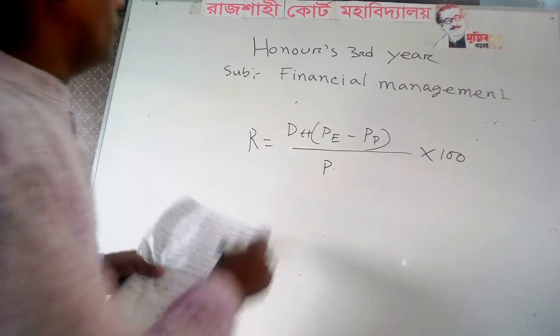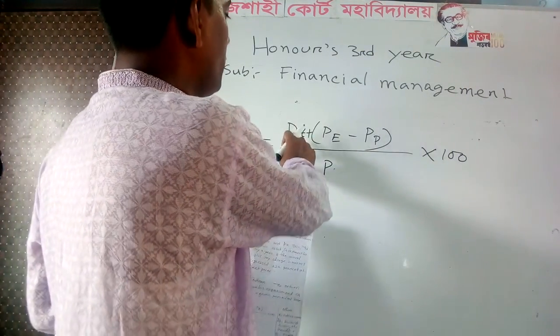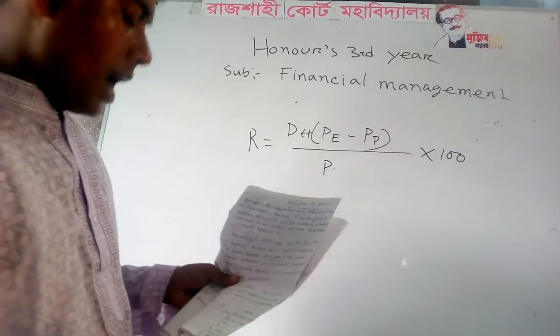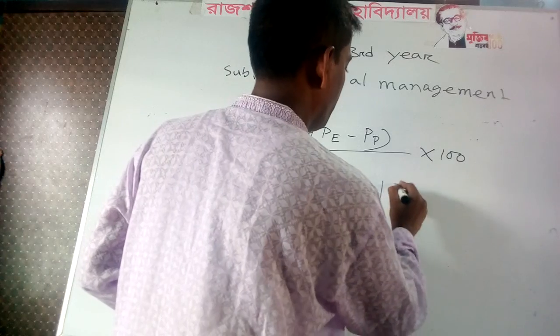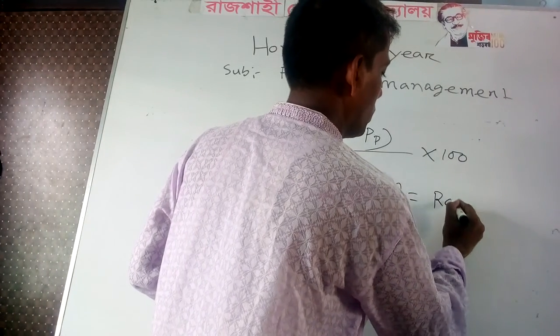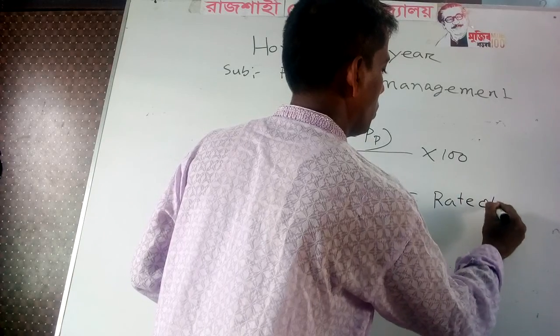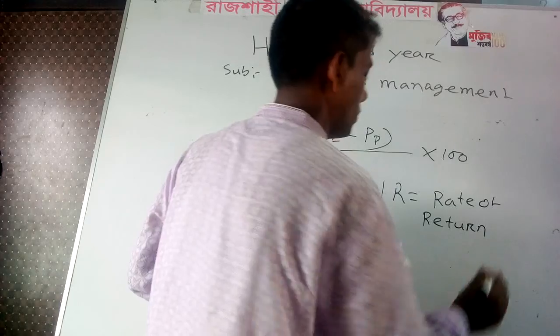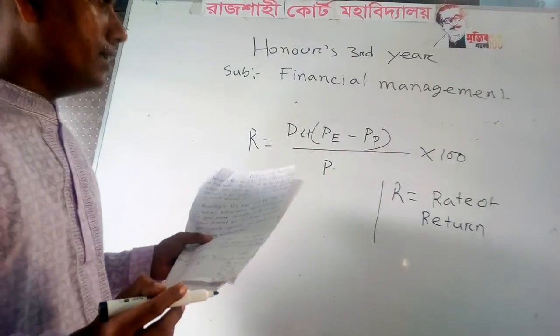What is the definition of all the variables? R is the rate of return.